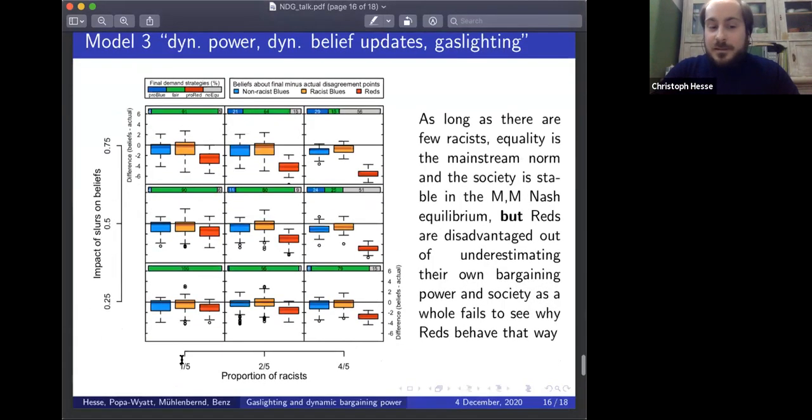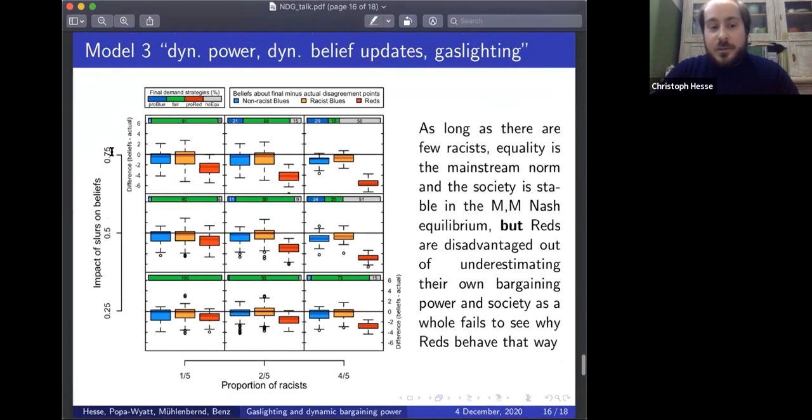So these plots have the same setup. On the x-axis, we're increasing from having few racists to having a lot of racists in the population. And on the y-axis, we're increasing the strength of gaslighting. So how much lower the red agents will think their bargaining power is each time that they become a victim of gaslighting.